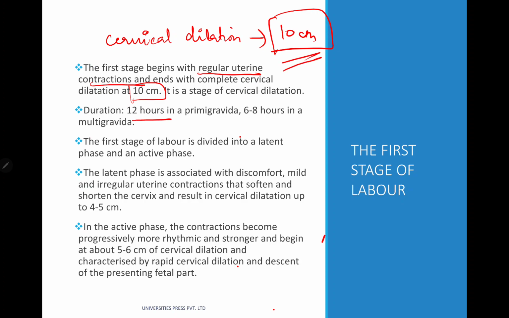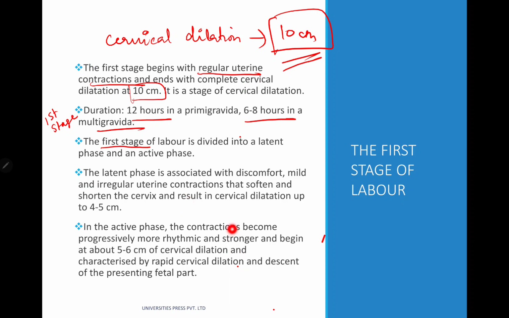The duration is 12 hours in primigravida and 6 to 8 hours in multigravida. So if they ask the first stage duration, if it is a primigravida, it will be around 12 hours. If it's multigravida, it will be around 6 to 8 hours.